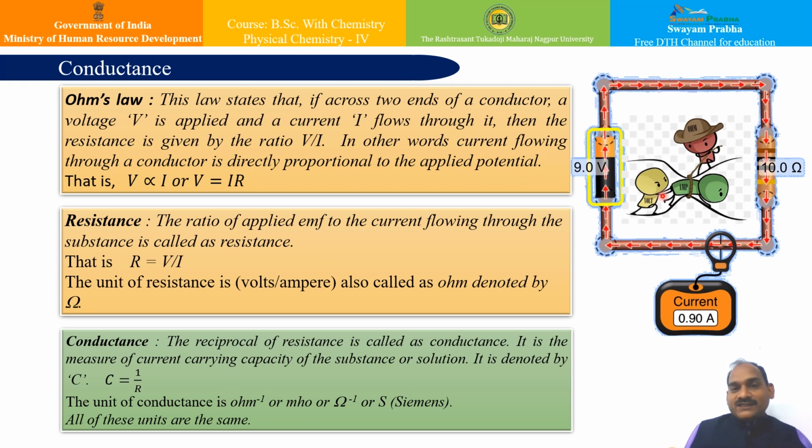Now the resistance to current flow in a metal is caused by the vibrations of the metal ions about their lattice positions, because at lattice positions the atoms present are usually vibrating with the energies available to them.